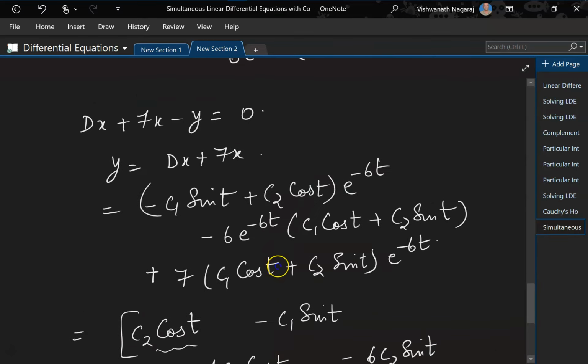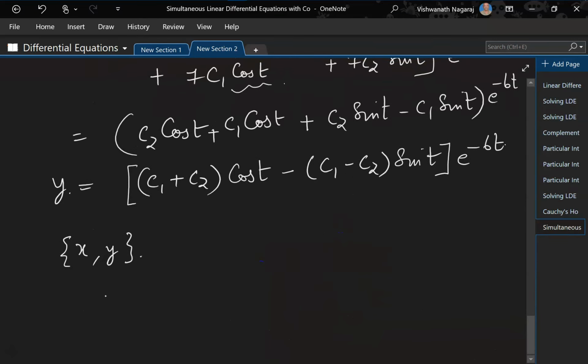So we have the x here. Let's write it once more. X is equal to c1 cos t plus c2 sin t, e to the power of minus 6t.